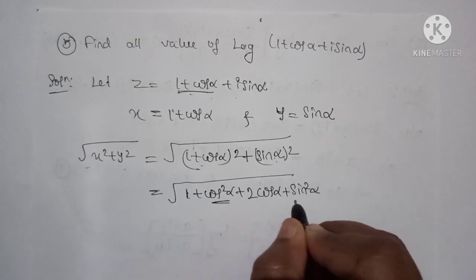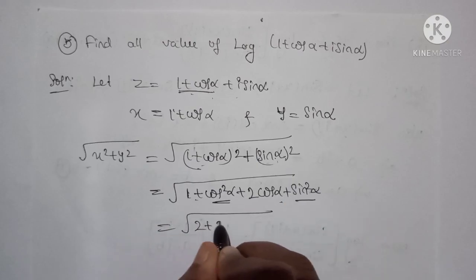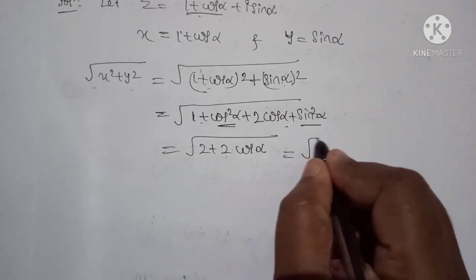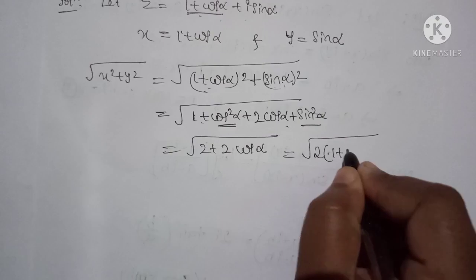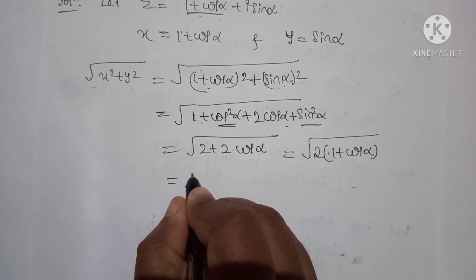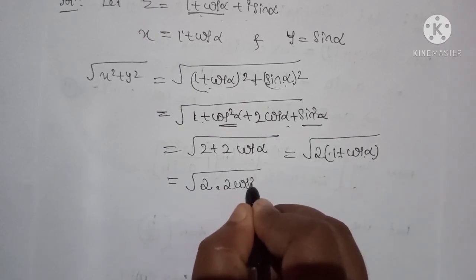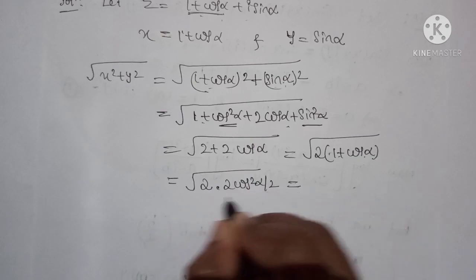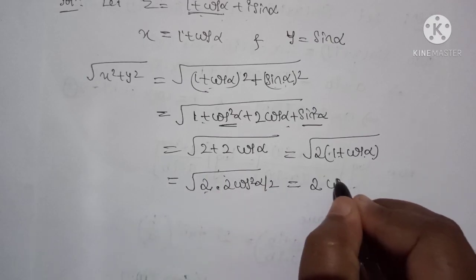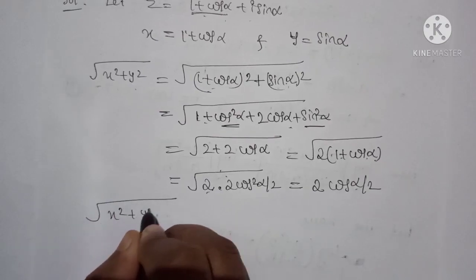Now we know that cos square theta plus sin square theta equals 1. So 1 plus 1 equals 2, we get 2 plus 2 cos alpha, which equals, taking 2 common, 2 times 1 plus cos alpha. Now 1 plus cos alpha can be written as 2 cos square alpha by 2. Cancelling the square and square root we get 2 cos alpha by 2. This is the value of the square root of x square plus y square.